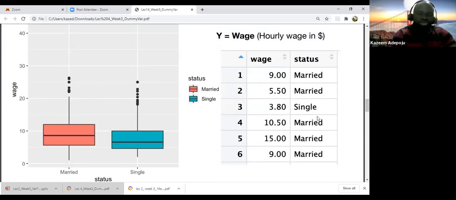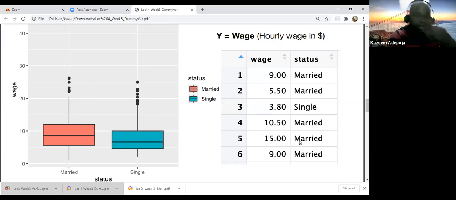But let me just tell you that based on the data set that I'm showing right now, it's only one person that is single. But the data set that we use is actually more than this. I'm just trying to show you the first 1 to 6.